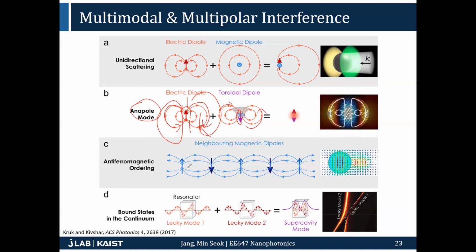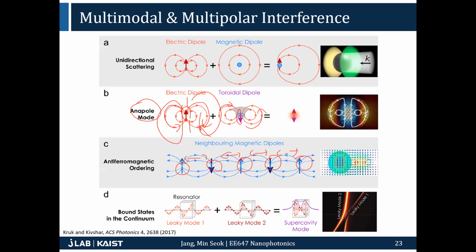And there's another thing that you can expect: if you have multiple nanoparticles close to each other, then they want to make some sort of ordering, antiferromagnetic ordering, because it's energetically favorable.